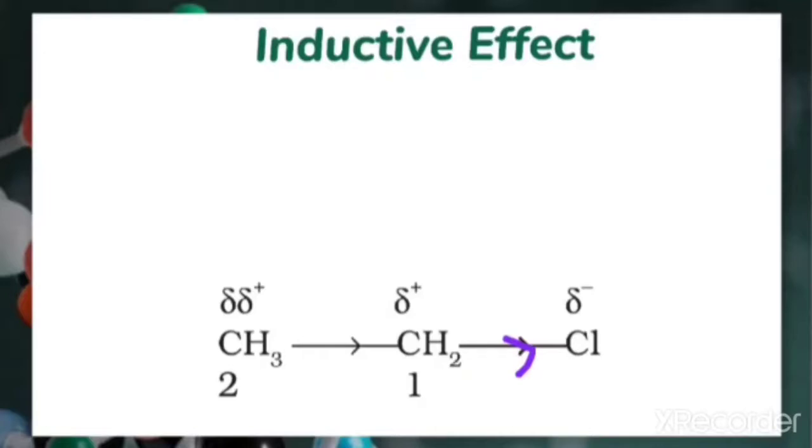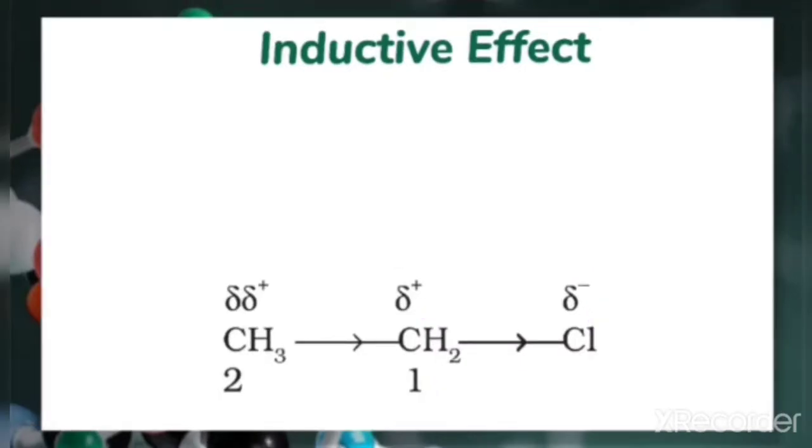As a result, the partial negative charge will be developed on Cl and the partial positive charge on the first carbon represented here. So the C-Cl bond is a polar covalent bond, polarized in such a way that carbon 1 gains some positive charge, and chlorine develops some negative charge, called partial negative charge.